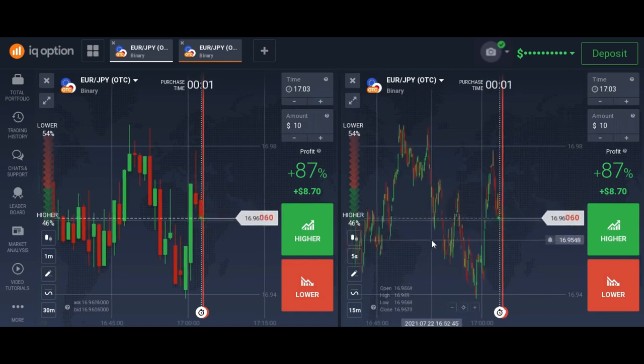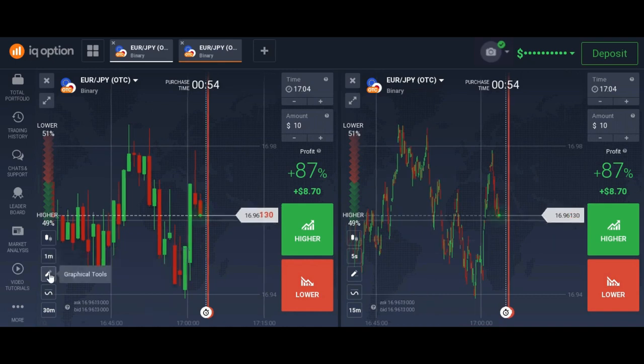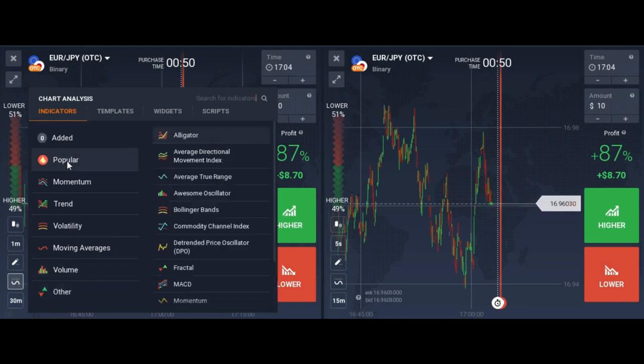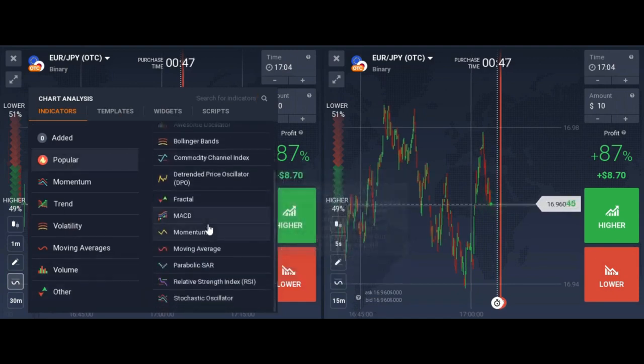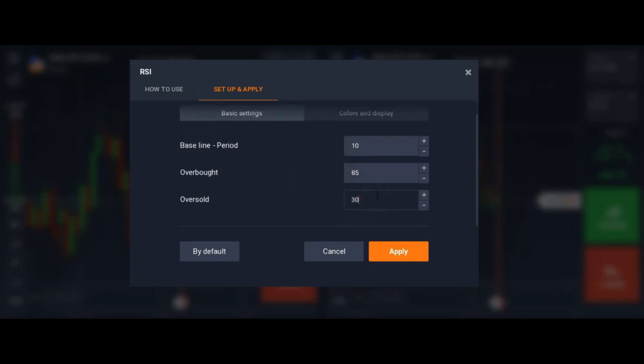For this strategy, we are going to use only two indicators. Relative Strength Index, RSI. In period, we put 10. Overbought 85 and oversold 15.